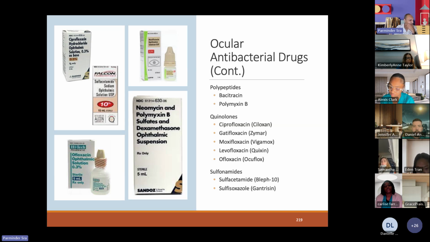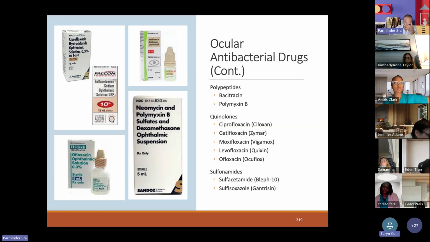Any idea, Taryn, would you mind sharing? No? Does something going into the eye bypass the first pass effect, maybe? So no, it was just a guess. It's something else. Okay. I think it would just be more irritating to the eye if you used an eardrop in an eye.